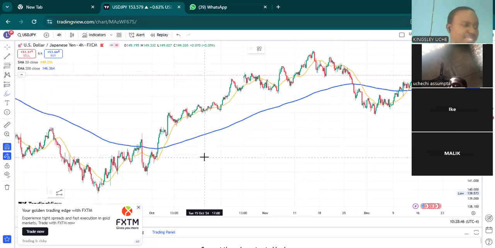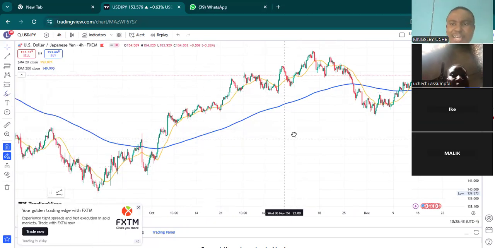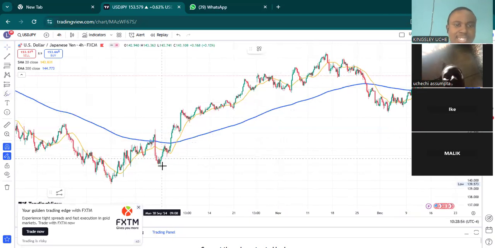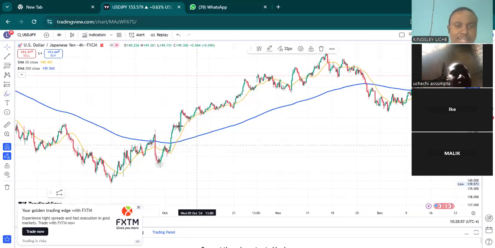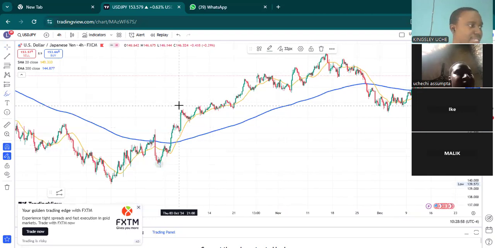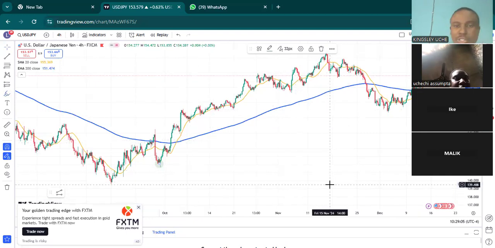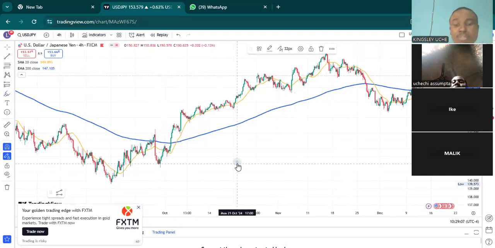Let's see. The higher high on this pair will be from here. Now, this is a higher low, right? This is a higher high. This area is a higher high here. Just a moment, let me quickly check again. Let's be sure.